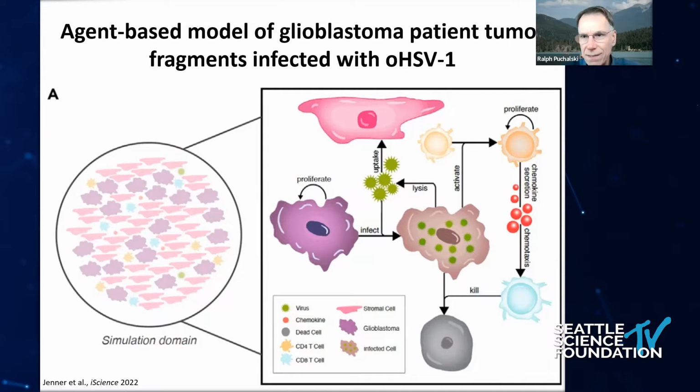And what this did is it activated the chemokine response. So T helper cells and cytotoxic T lymphocytes were then activated by this chemokine gradient and then went on to kill the glioblastoma cells.